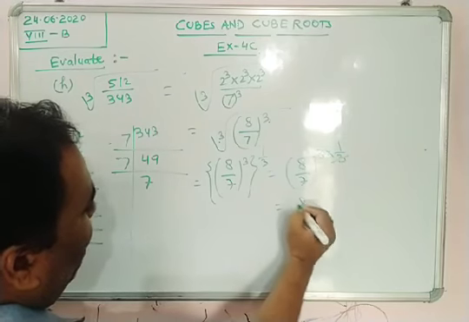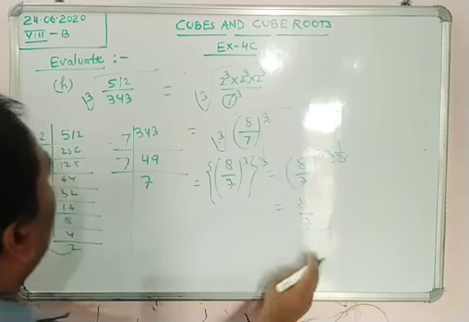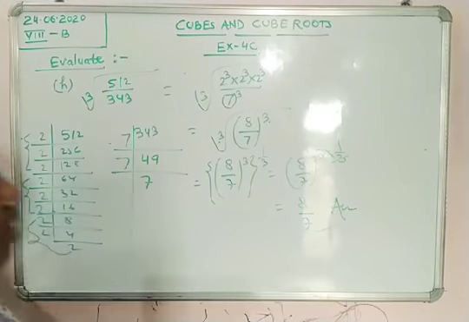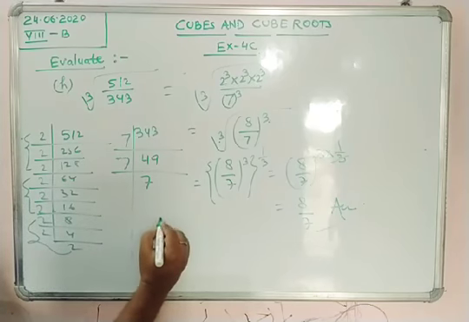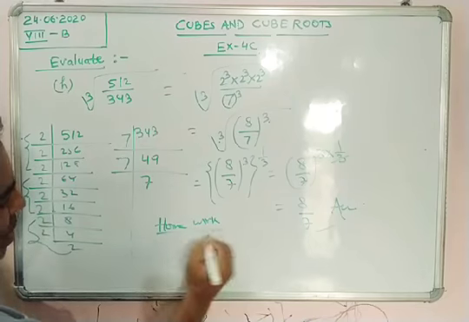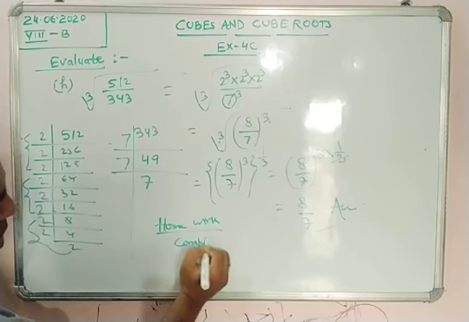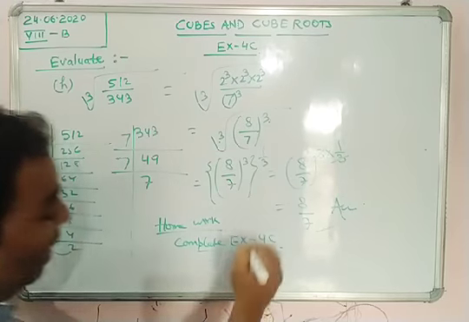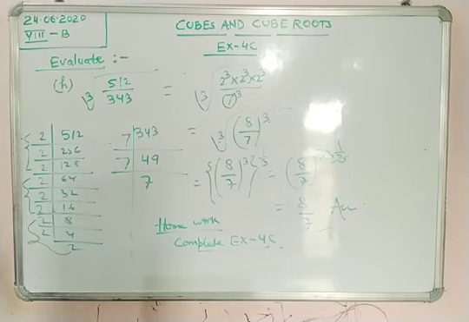The 3 cancels, so 8 by 7 is your cube root for this question. So this is your answer. I hope you have understood today's class, and the homework is to complete exercise 4C. In the next class, when I meet you, we will discuss chapter 5, playing with numbers. Thank you very much.